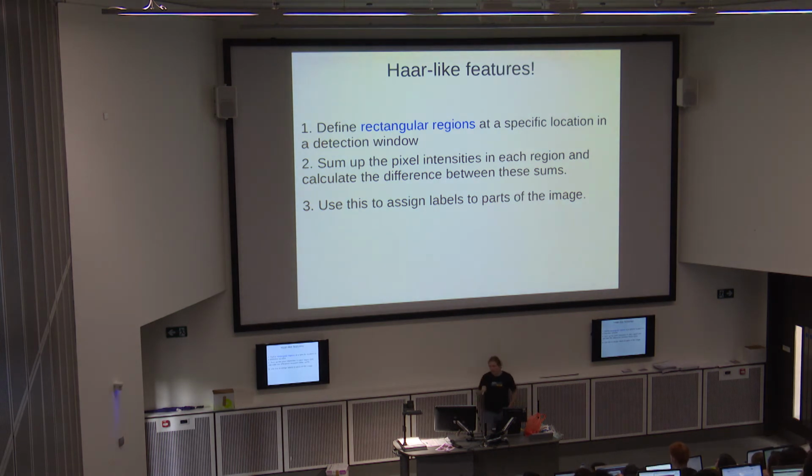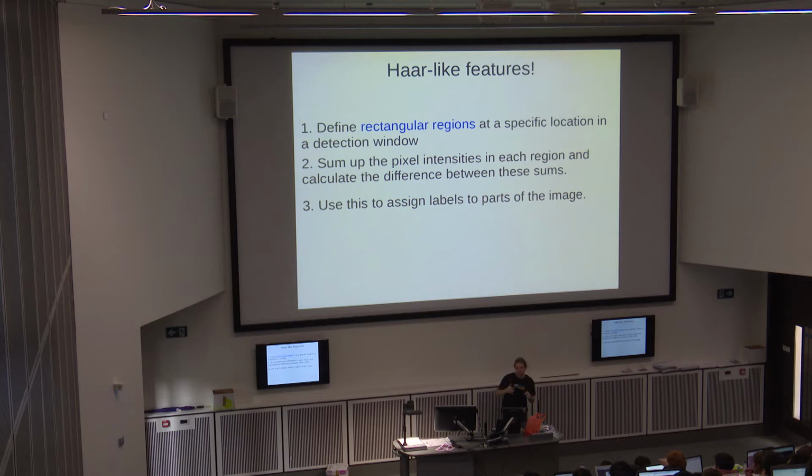And the idea behind Haar-like features is that you define a rectangular region in the window, so in your image, and that would be, say, stuff that you could recognize as a rectangle, or you could fit in a rectangle.